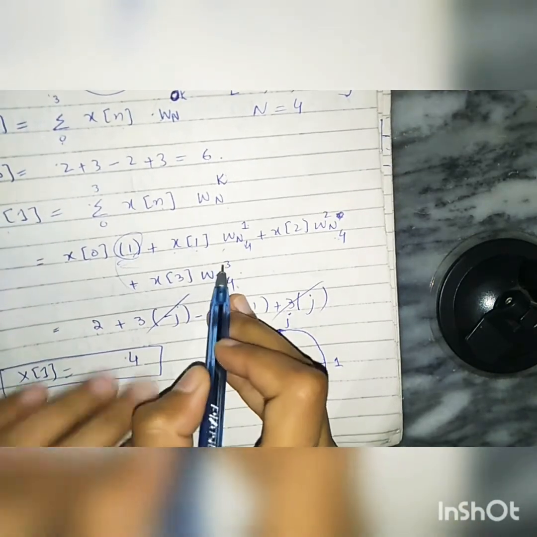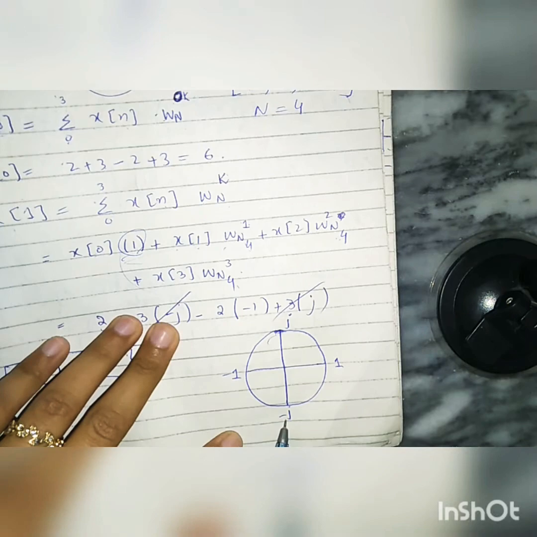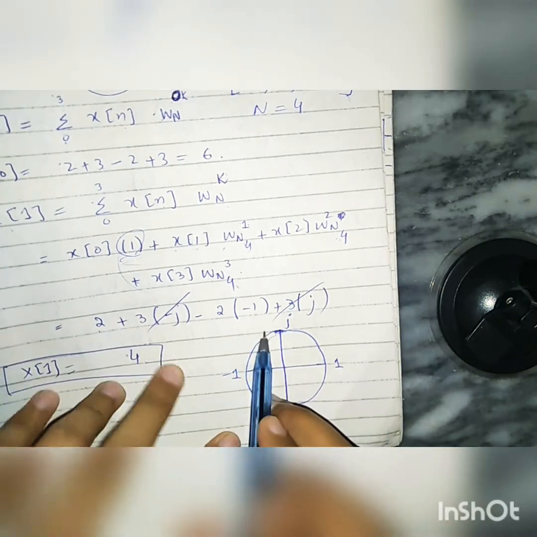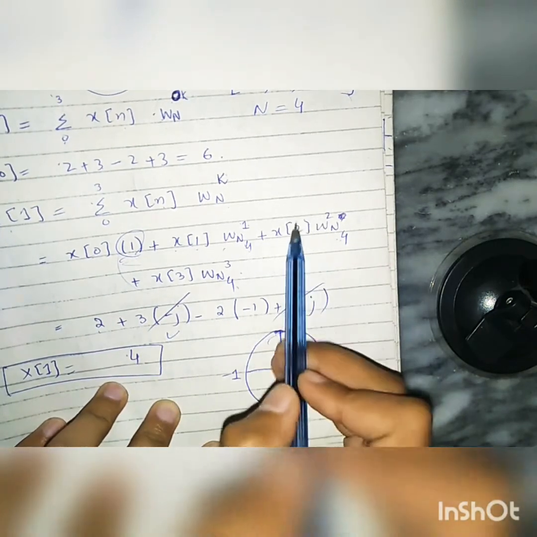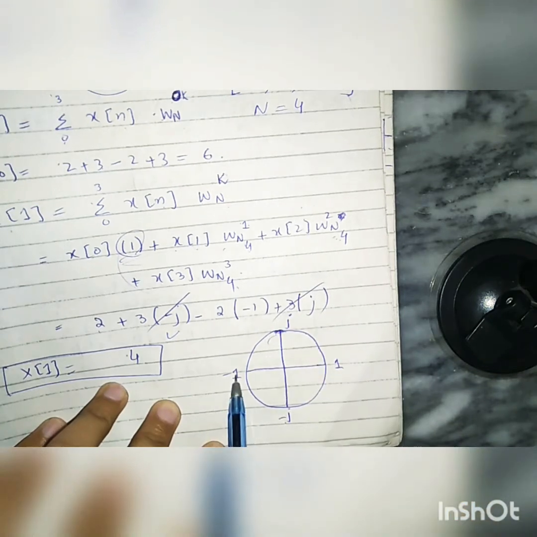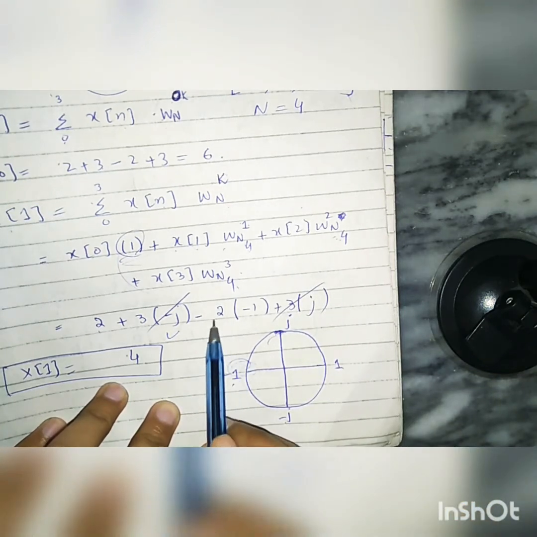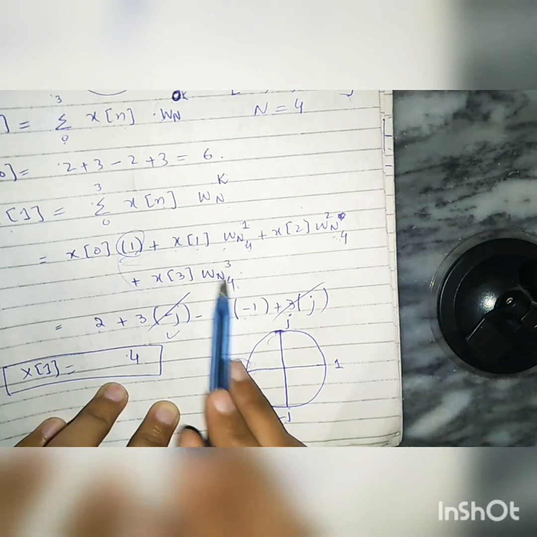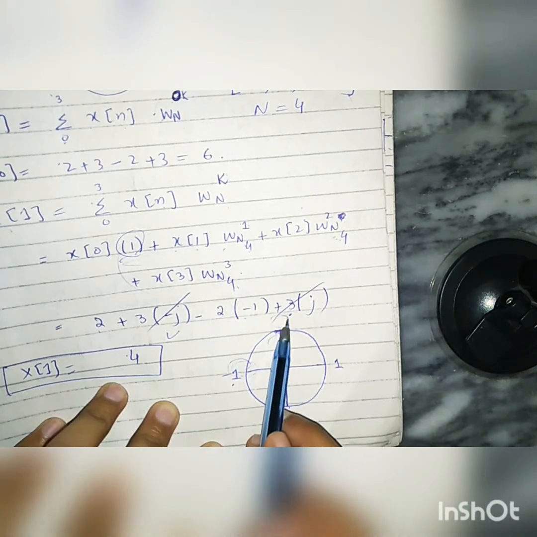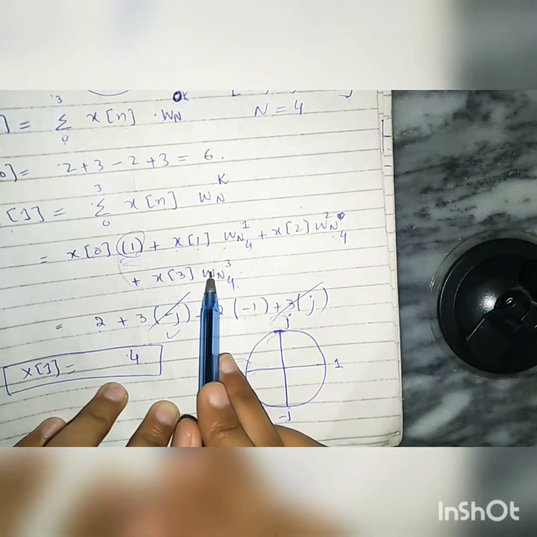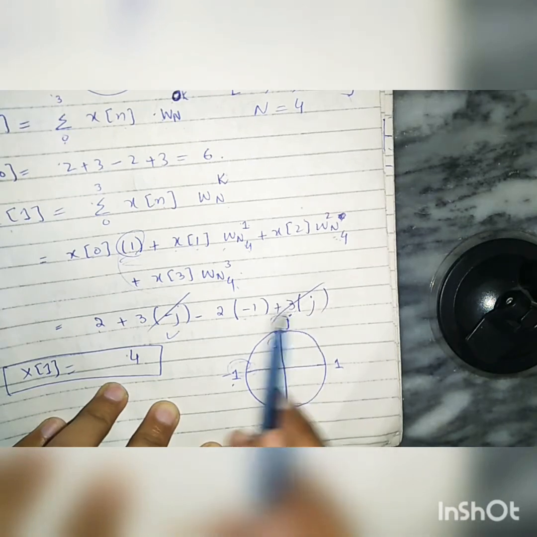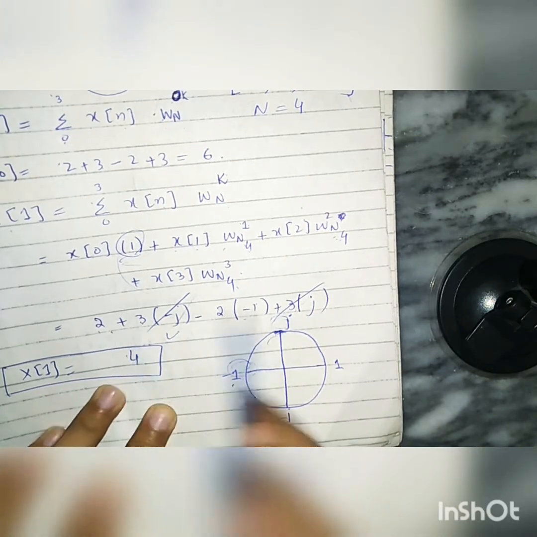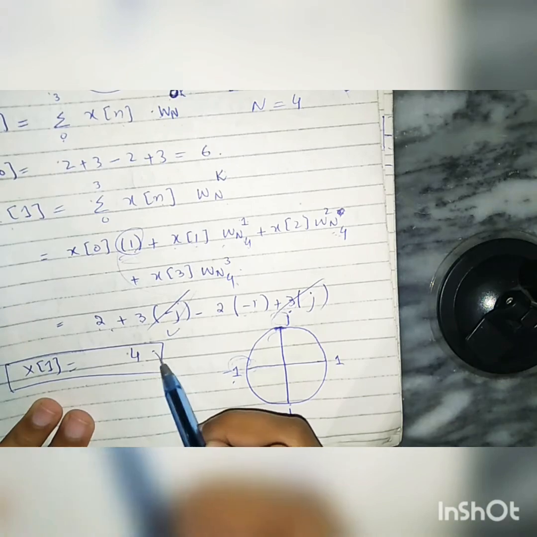Now we need to find w4 for 1, which here is minus j, so here it is minus j. Then w4 for 2 is this place, so here it is minus 1. And then w4 for 3 is this place, and in this position we have j, so in this place we will have a j. This value will cancel with this, and we will add these two values and we will get a 4.